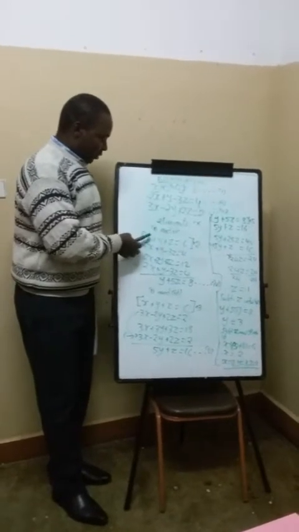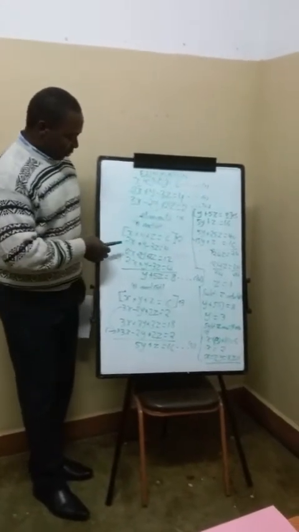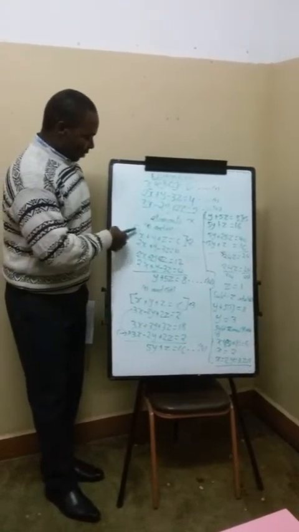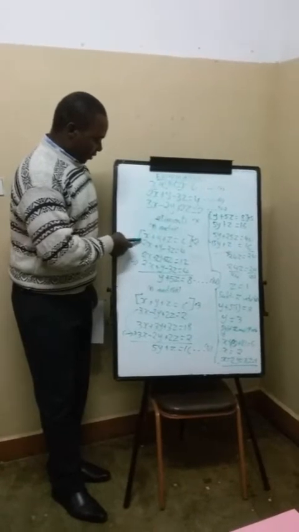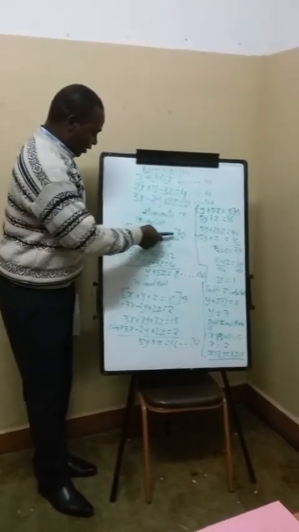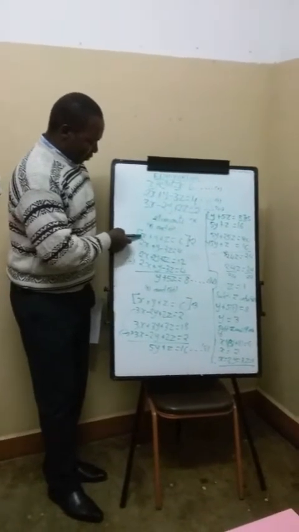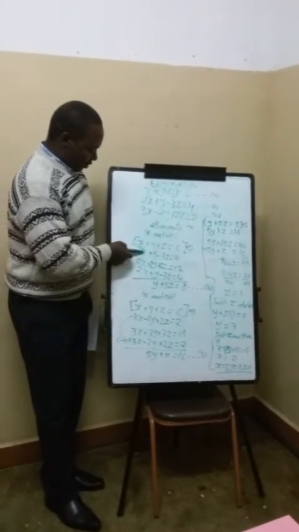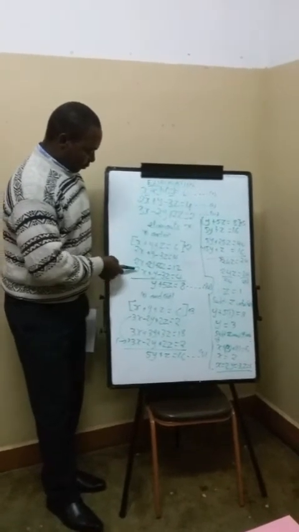So here we chose to eliminate x, and I've indicated so that in case a person wants to follow our work, it will be easy for that person to follow. So since we have this equation, which is different from this one, we make sure that this coefficient and this coefficient here should be the same.